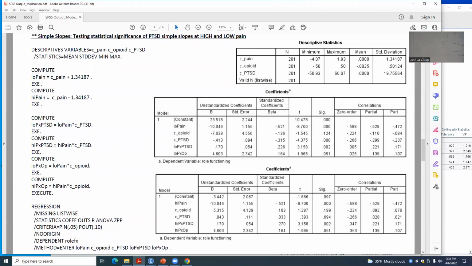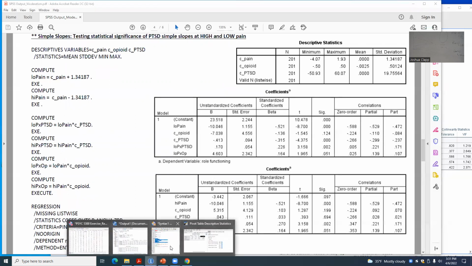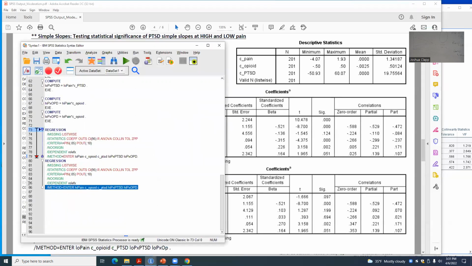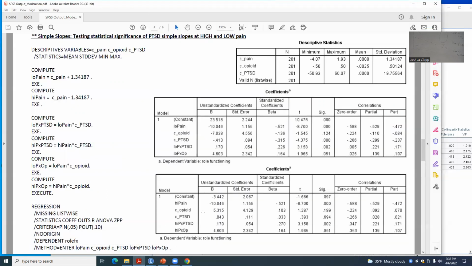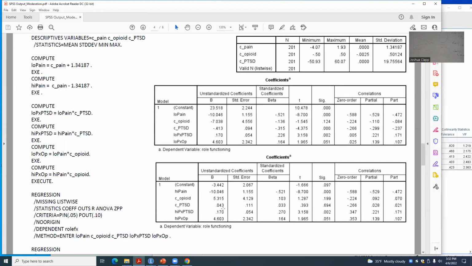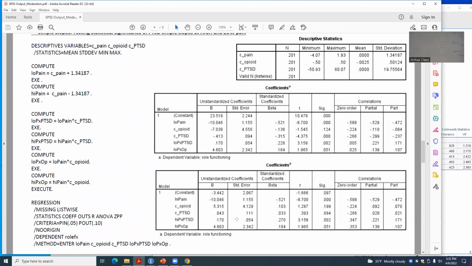And then if I go through and I run my high pain model, rerun this, and everything works out. This is what I get down here. Get my conditional effect of PTSD on functioning at high levels of pain.